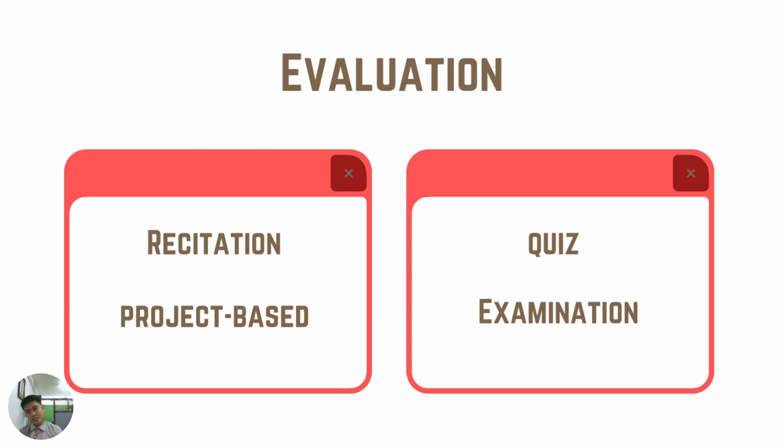Of course, the recitation is what will happen during our classroom discussion, no? And the quiz is what happens after each and every subject topic that we have. Okay, so that is how I will evaluate or assess you, and that will be the basis for your grades.